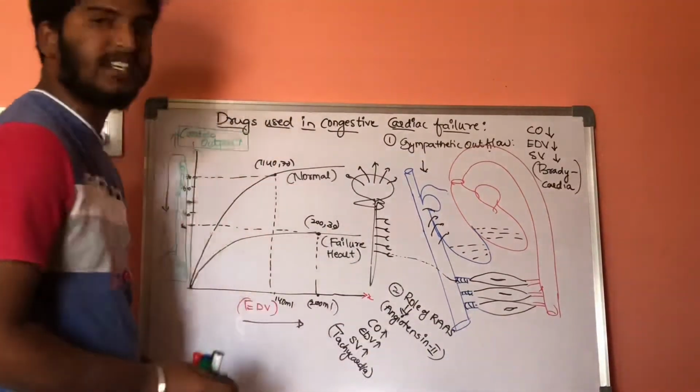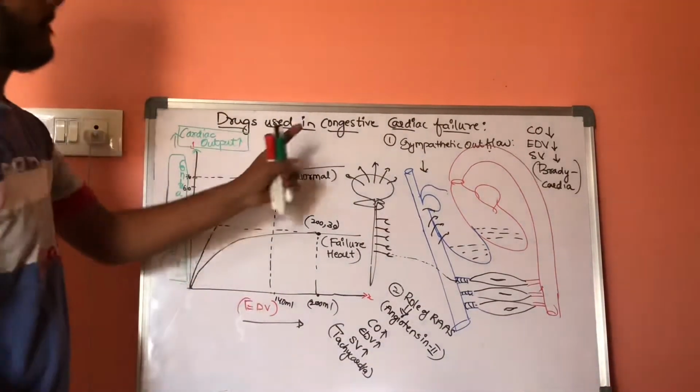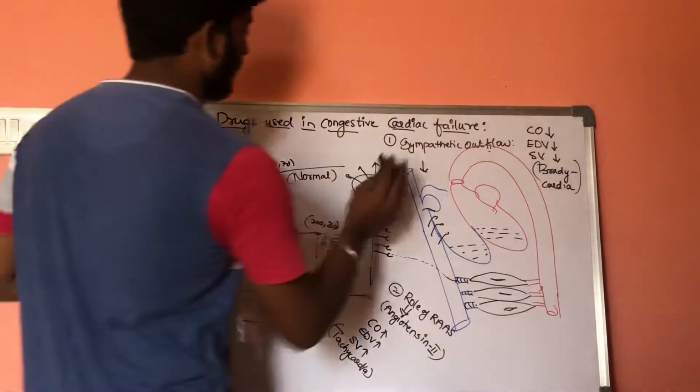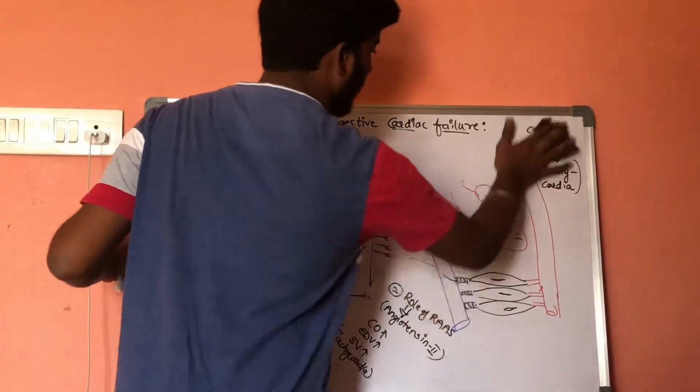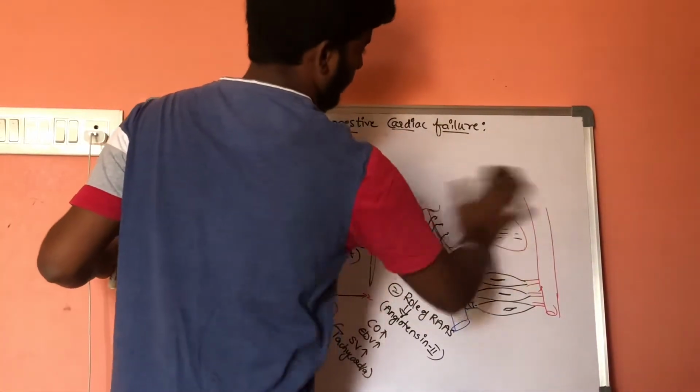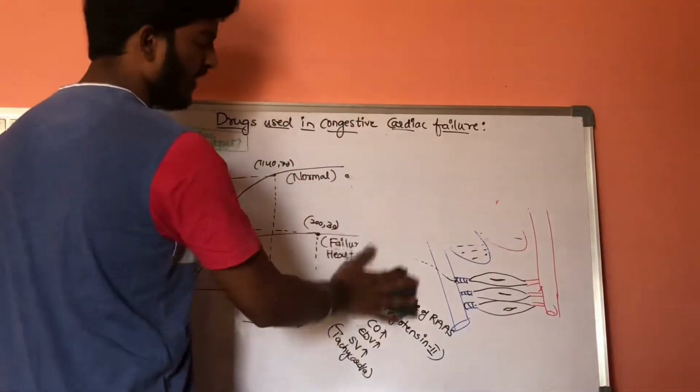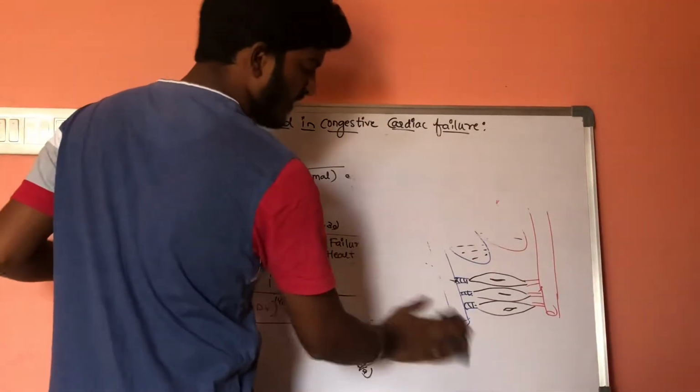Now, what are the conditions which result in cardiac failure? There are three important conditions which result in congestive cardiac failure.